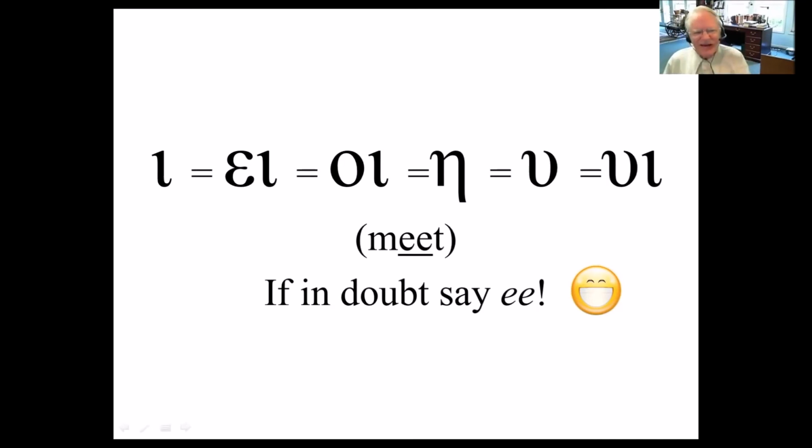And eta is also E, and epsilon is also E, and epsilon iota is also E. So we used to say in class, if you don't know what it is, try E and you'll probably be right. So you've got six possibilities for the sound of E. There it is.